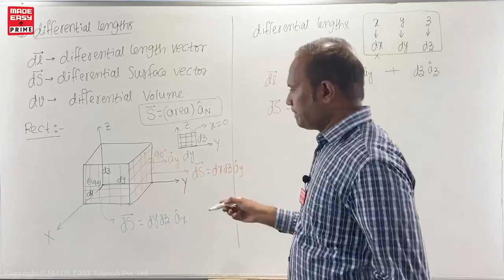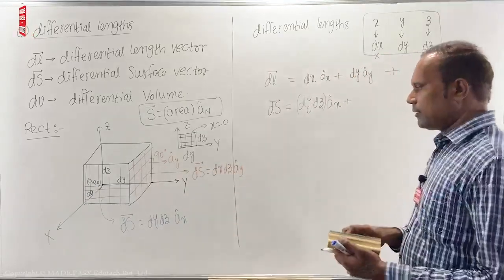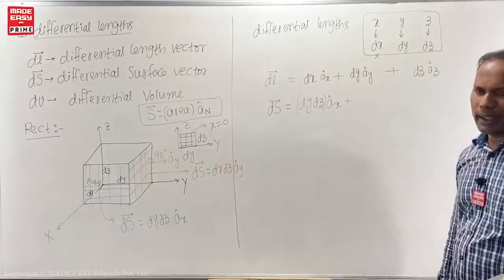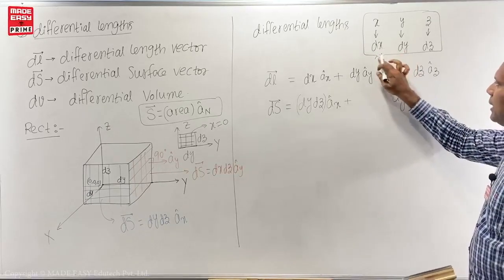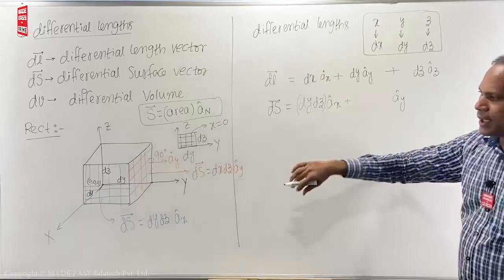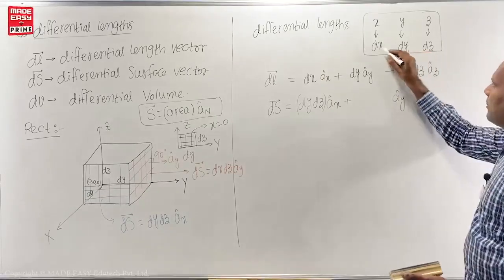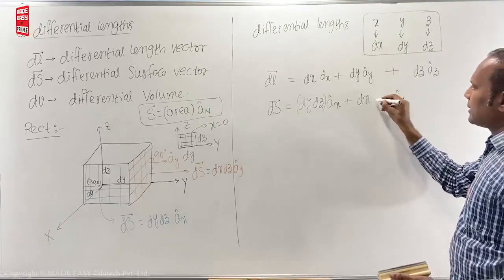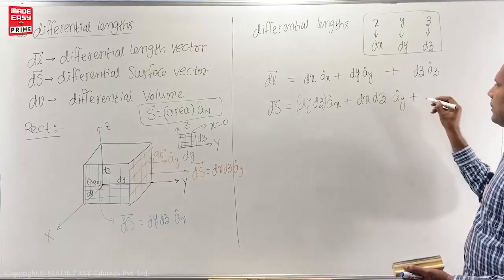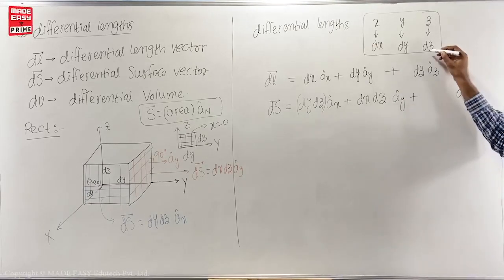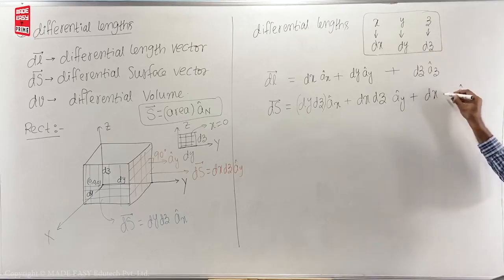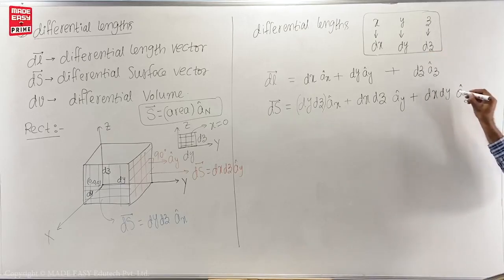So that is the surface vector. That is why no need to remember them. If you want differential surface vector in y direction, I told you y is constant on that surface. Leave this, multiply these two. So dx dz. And similarly, if you want differential surface vector equation in z direction, then leave this one and multiply these two, dx dy.